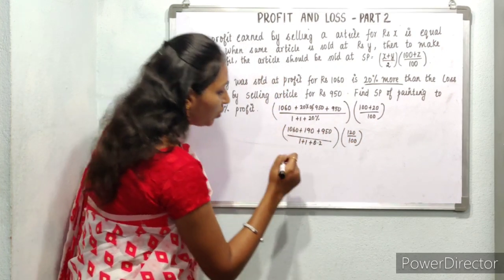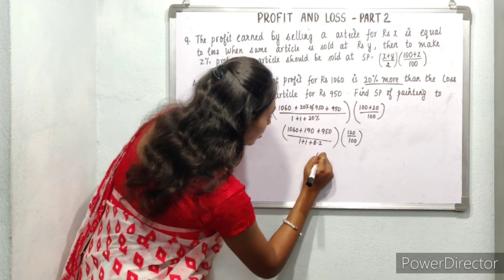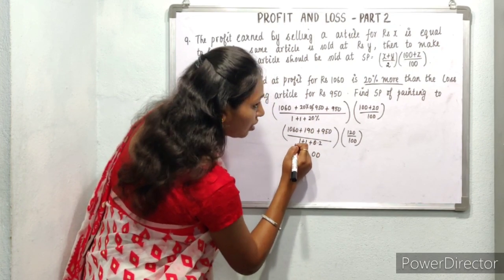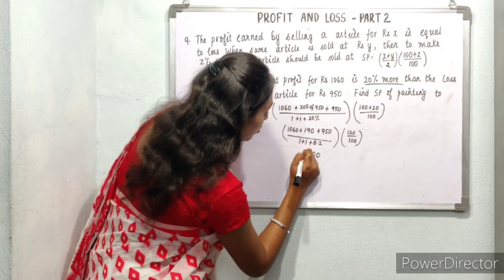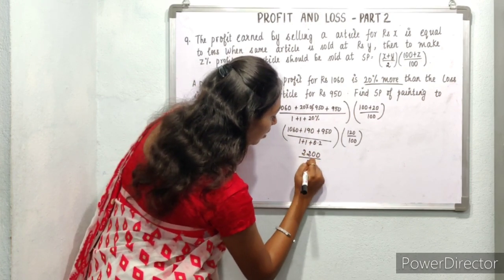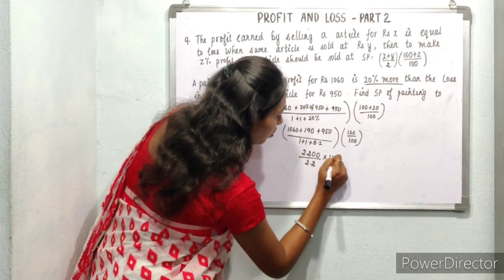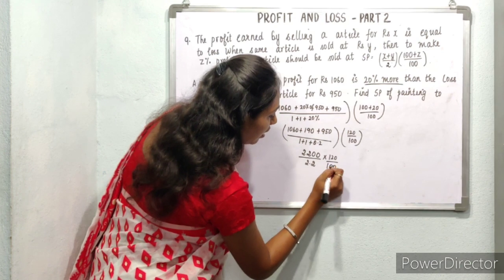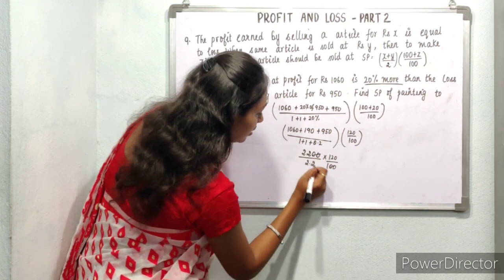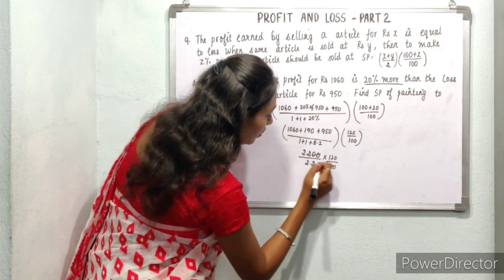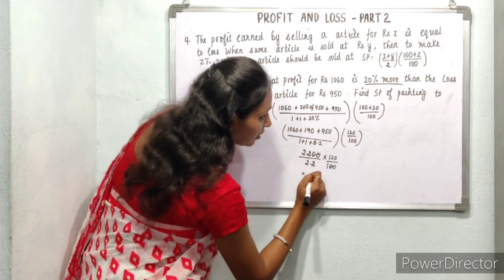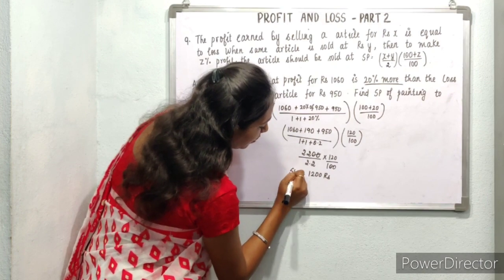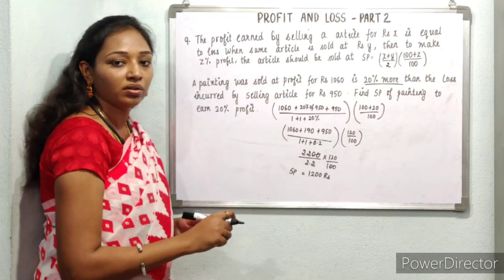So when you add this, you will get 1200 divided by 2.2 into 120 divided by 100. So you can cancel this directly. If you cancel this, you will get the answer as 1200 rupees. So the selling price will be 1200 rupees.